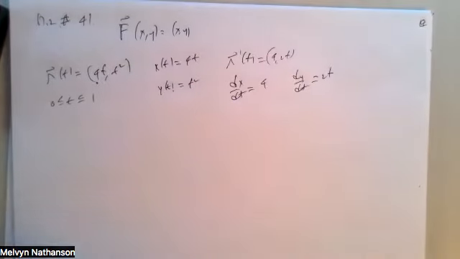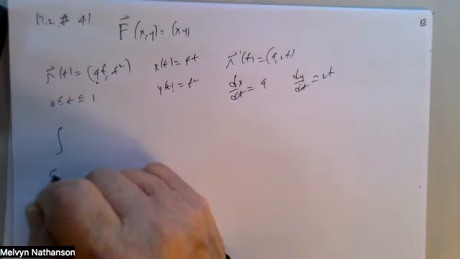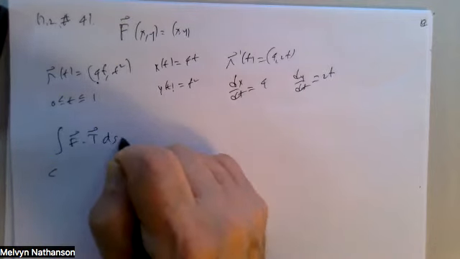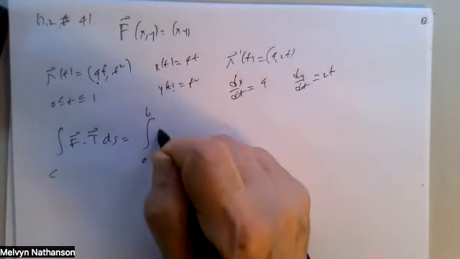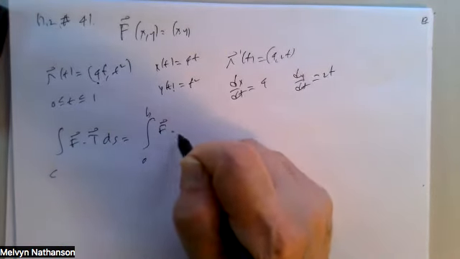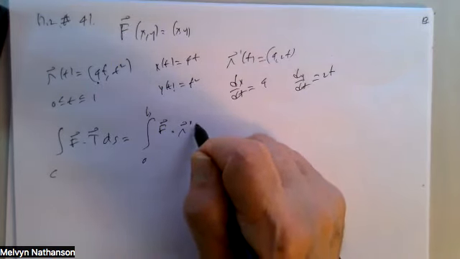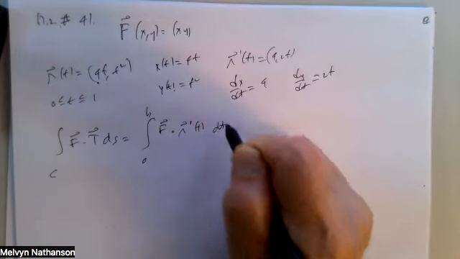So this is r prime of t. So the integral along the curve of F dot T ds is the integral from a to b of the dot product of the vector field F with the tangent vector r prime of t dt.